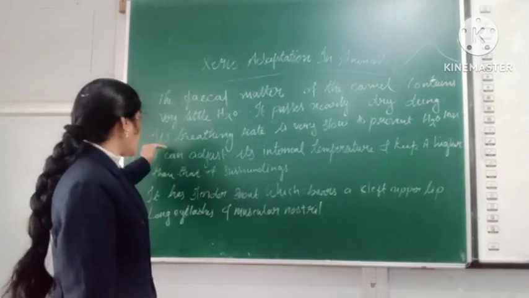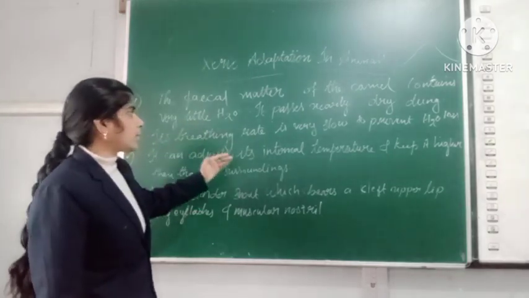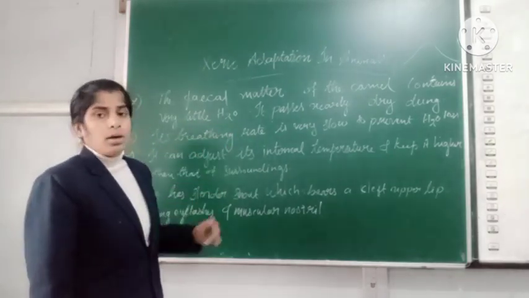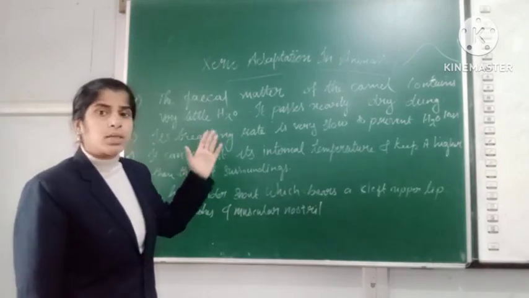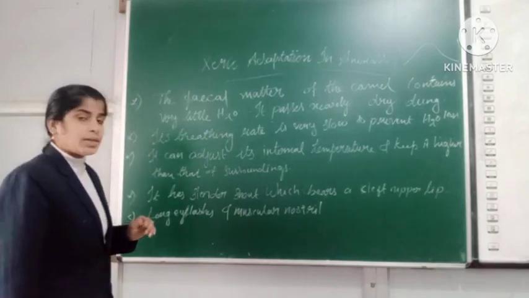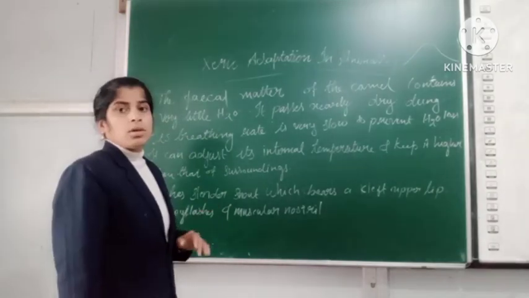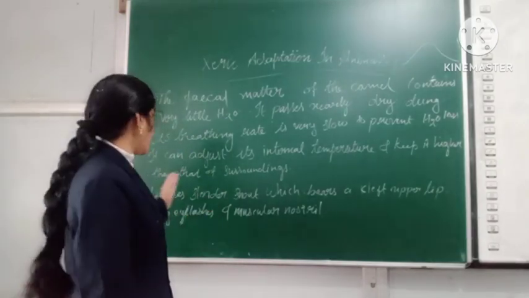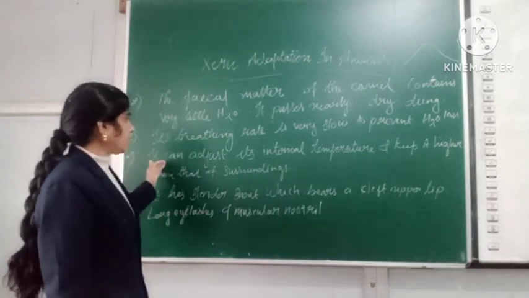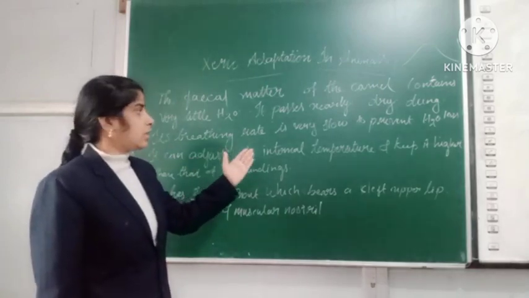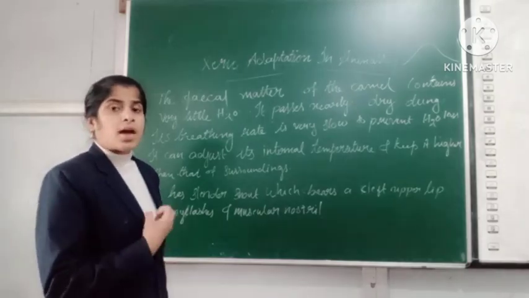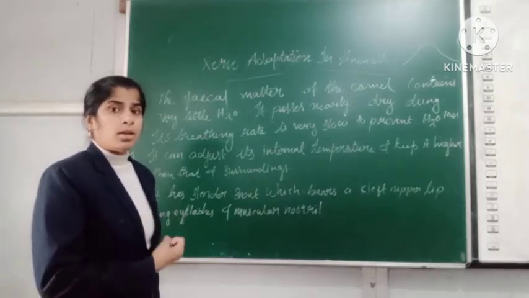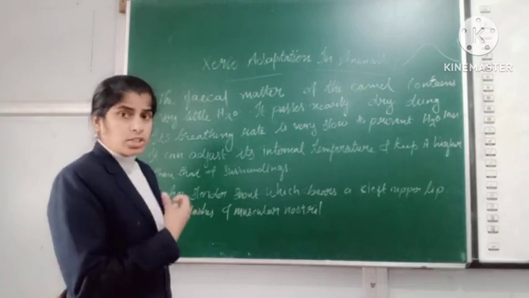Okay, yes, and its breathing rate is very slow, to prevent water loss during breathing. And next one, it can adjust its internal temperature. See, these camels can adjust their internal body temperature.